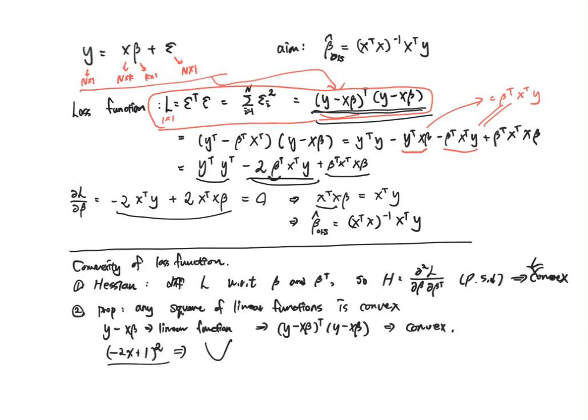It's always the case. So you can be sure that this function is convex, and you can feel free to differentiate the loss function. Okay, thank you for watching, and we have derived the OLS formula.